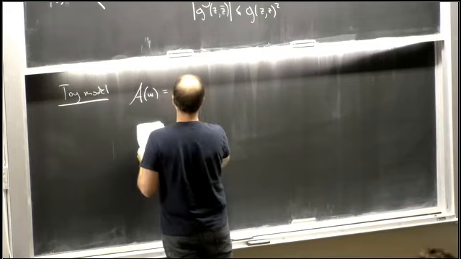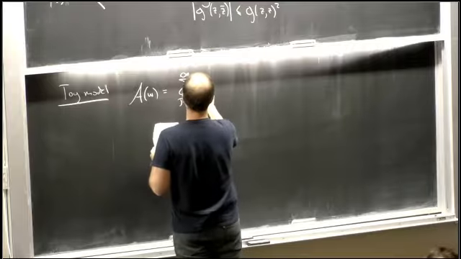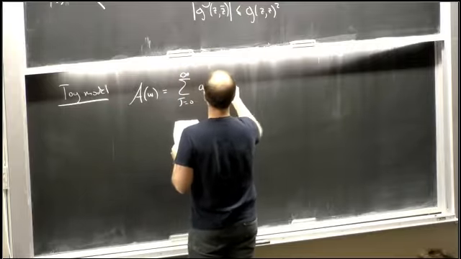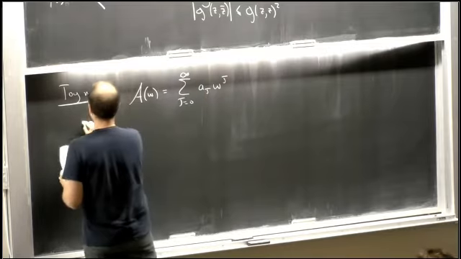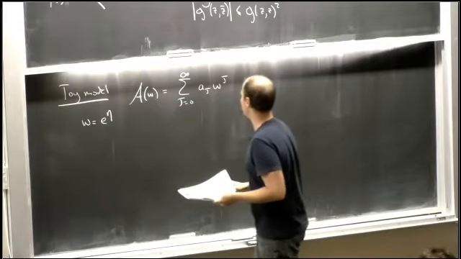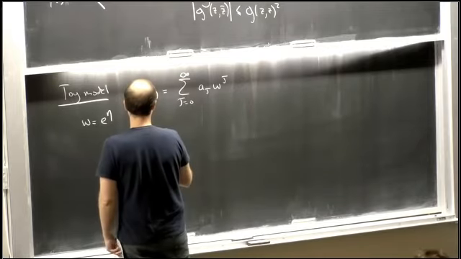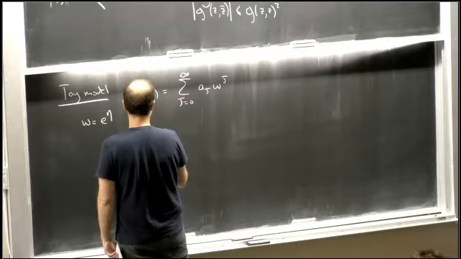And let's suppose that it has a partial wave expansion. So this will be a sum over spins of some coefficients times w to the j. And you should think of w as being e to the eta, where eta is a boost parameter. And let's make a few assumptions about the properties of this amplitude.